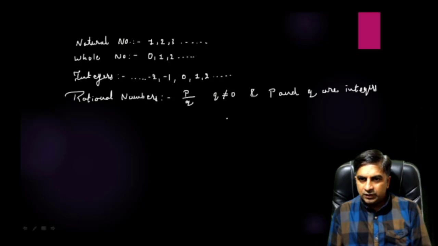When I say root 3 by 4, it is in the form of p by q with q not equal to 0, still this is not a rational number because p is not an integer. So you need to write that p and q are integers. If you do not write this, your definition is half wrong.